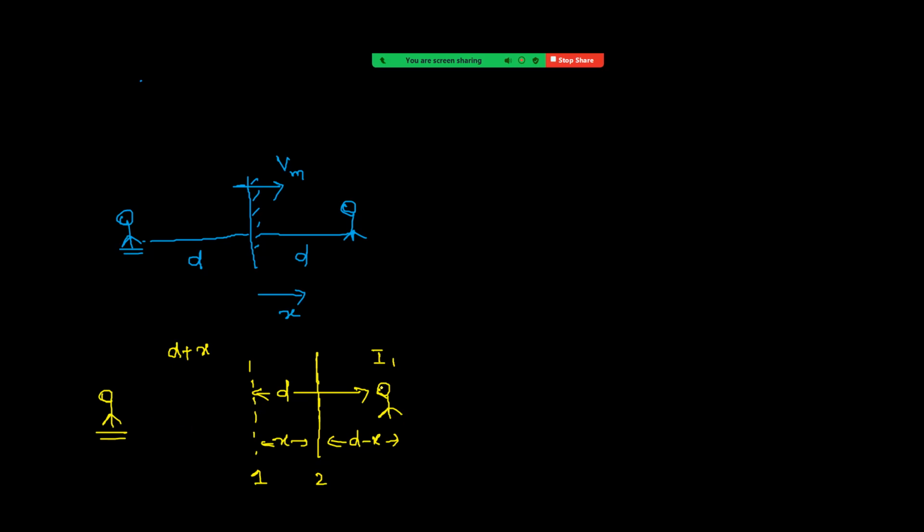Therefore, the image distance from the mirror must be d plus x. Now it is d minus x, so it has to change from d minus x to d plus x. That means the image has to move a distance 2x. See carefully, if it moves distance 2x, its distance becomes d minus x plus 2x, which is equal to d plus x.